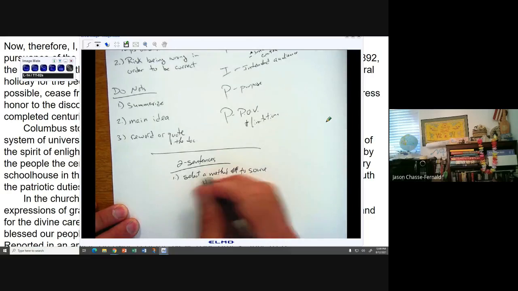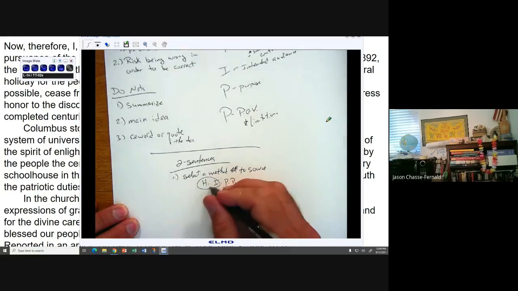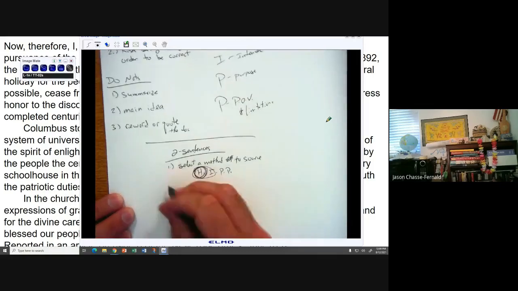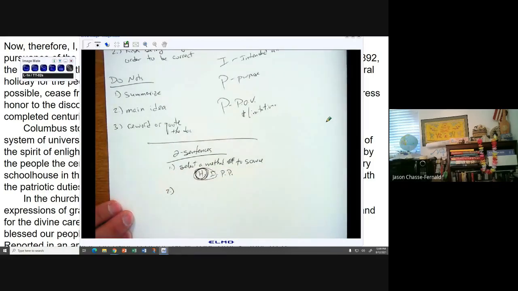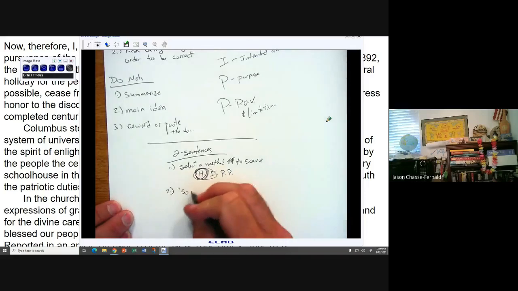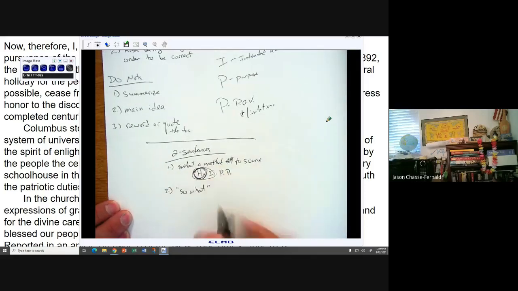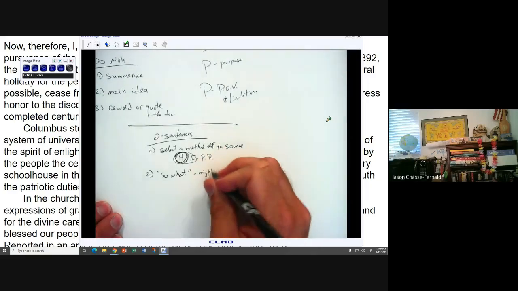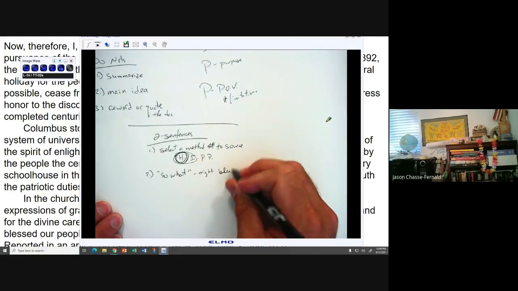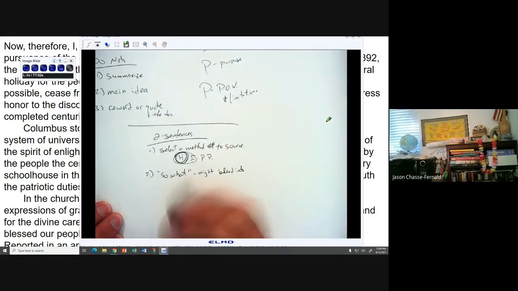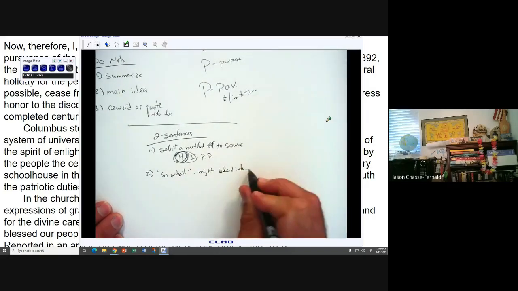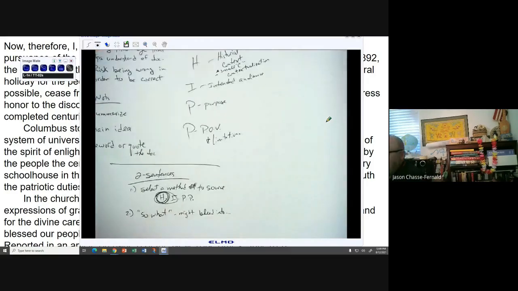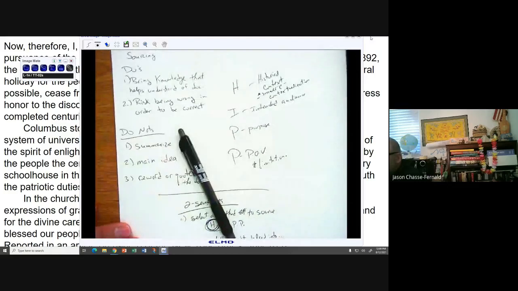Choose one way to source. And then after you've explained that, give a so what statement. And that so what statement might bleed into another one of those sourcing techniques. Okay, it just might.